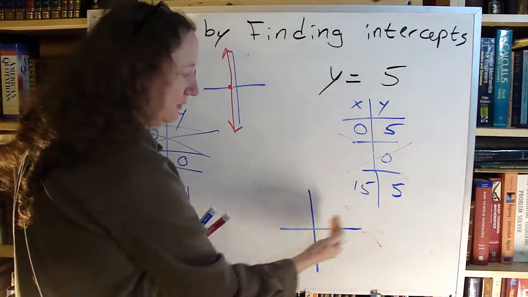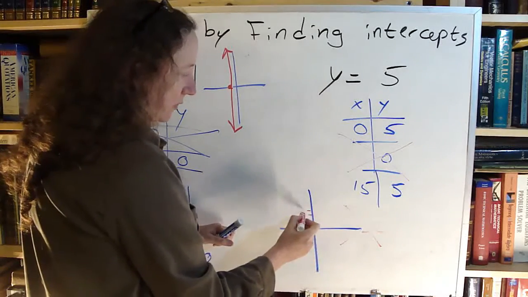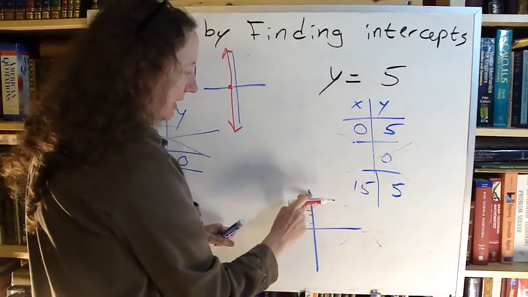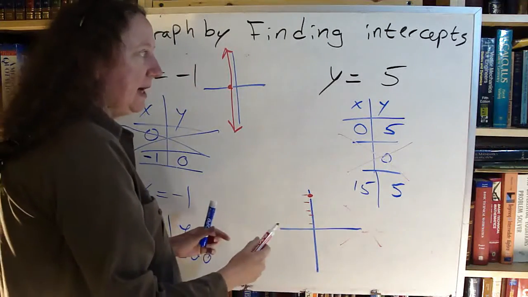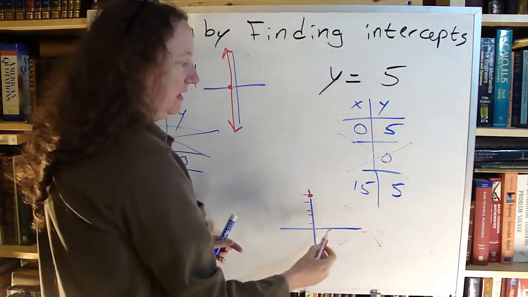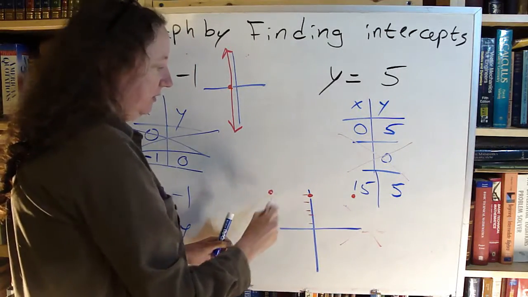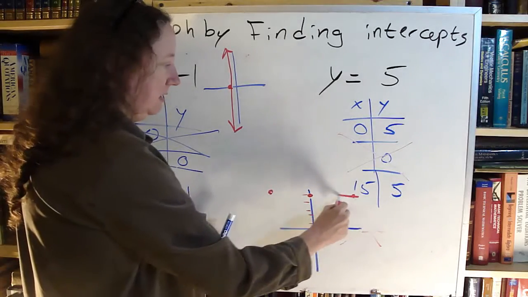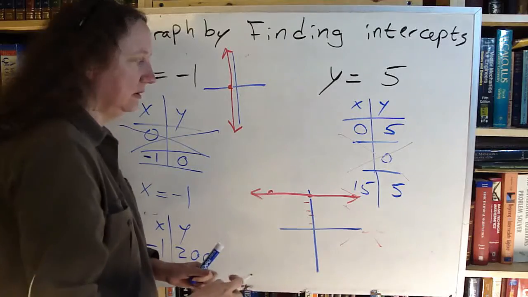So 0 left and right, 5 up. 1, 2, 3, 4, 5. Put my dot down. And it doesn't matter what x is. I have 15, 5. I could have negative something, 5, whatever it may be. I am going to have a horizontal line.